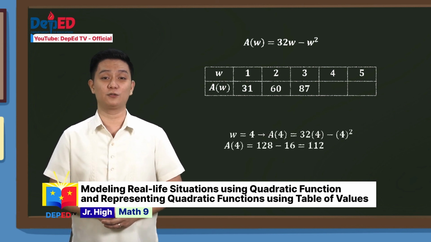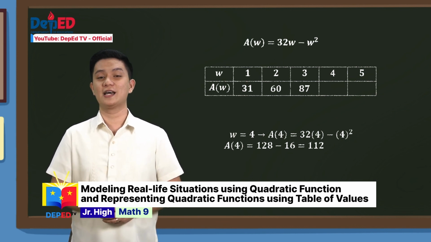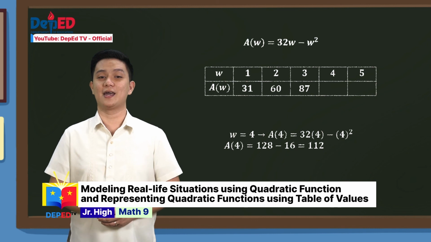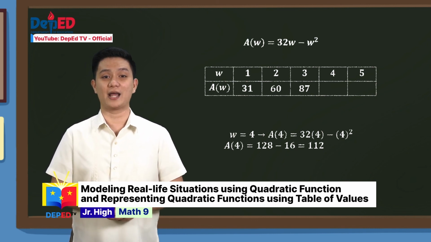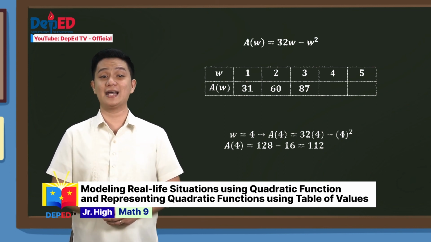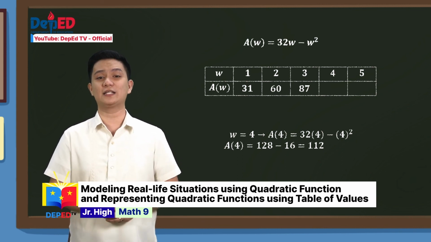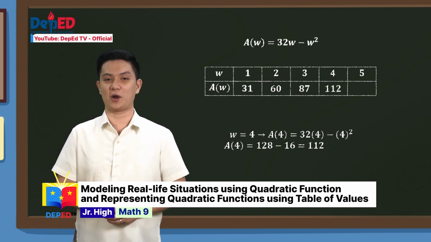When W is equal to 4, A of 4 must be equal to 32 times 4 minus 4 squared. And therefore, A of 4 must be equal to 128 minus 16 is equal to 112. Hence, when the width is 4 meters, the parcel of land has an area of 112 square meters.